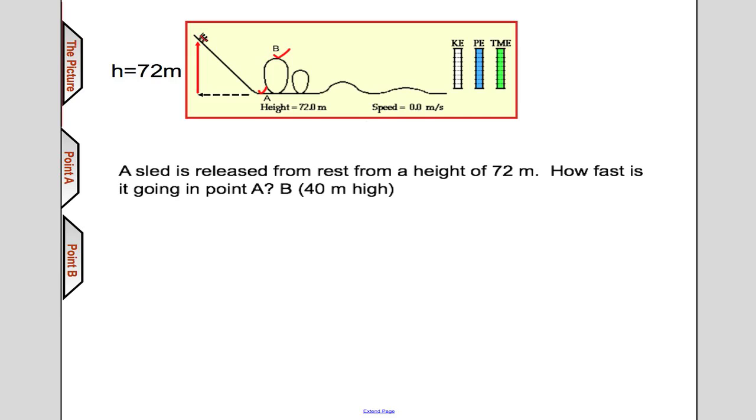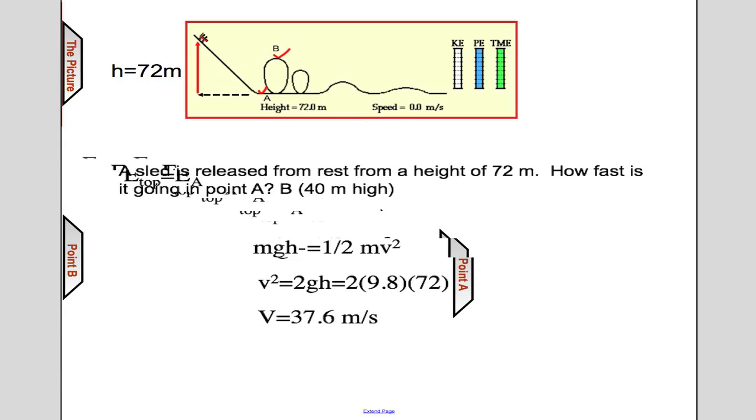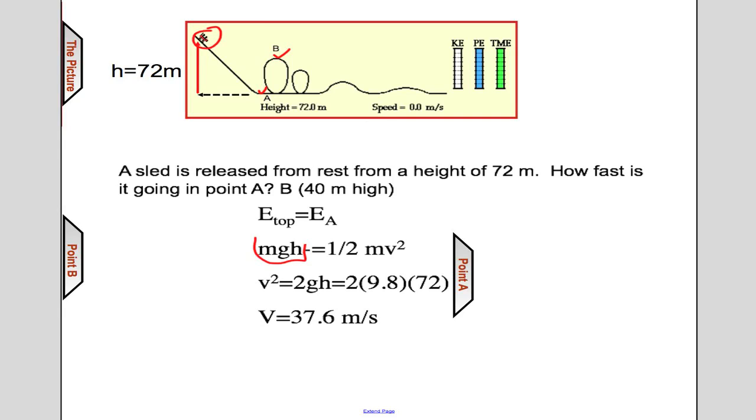When the object is over here at the top, it has energy equal to mgh. When it gets down to the bottom, point A, all that energy is changed into kinetic energy. Notice that the masses cancel, so the velocity will be independent of mass. Solving this for v, we get that the velocity at the bottom is 37.6 meters per second.